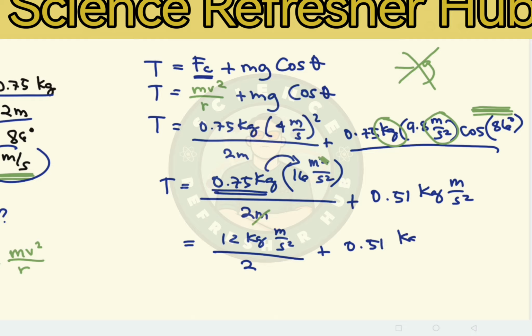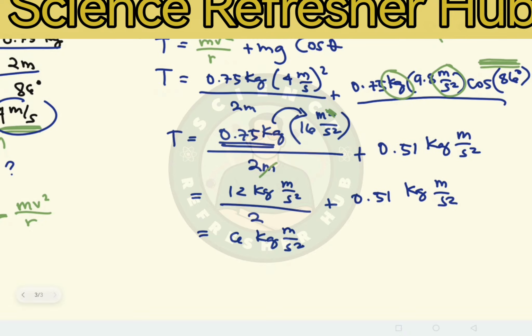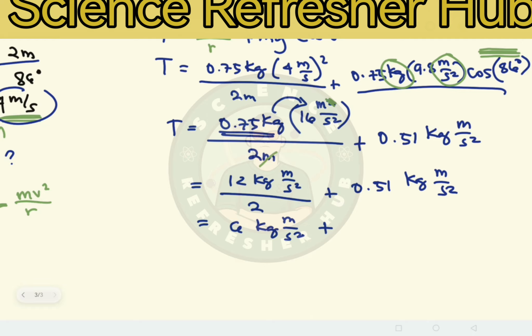Copy 0.51 kilogram meter per second squared. 12 divided by 2, it's 6 kilogram meter per second squared plus 0.51 kilogram meter per second squared. And let's add these two because we have the same units here. So it's 6.51 kilogram meter per second squared.